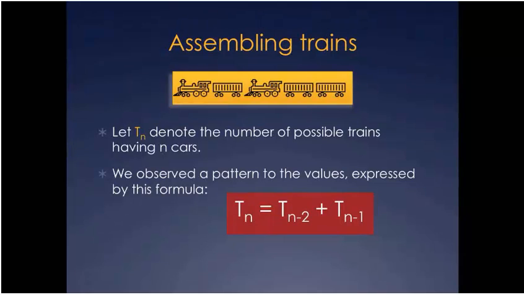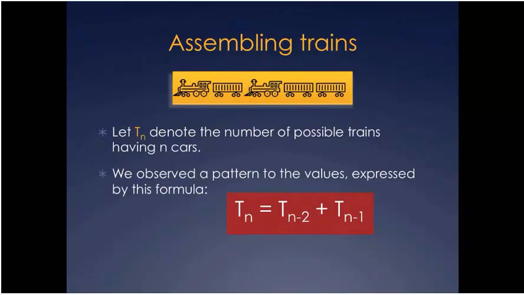The problem was about putting together trains out of two kinds of cars, locomotives and coal tenders. And there were certain rules that we had to follow in putting together trains. I then asked, well, suppose I tell you the number of cars you're allowed to use. Let's call that n. Then how many trains can I build?